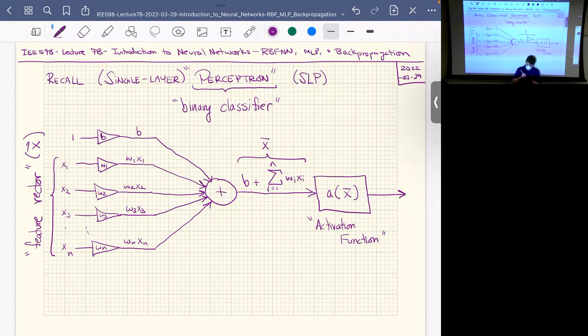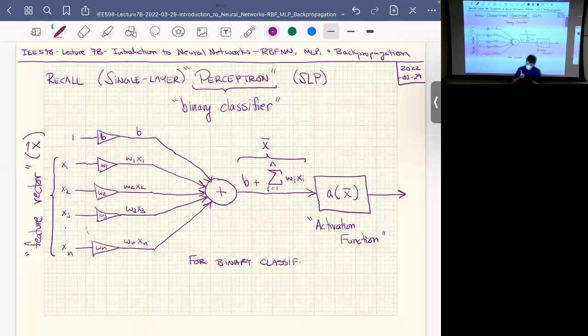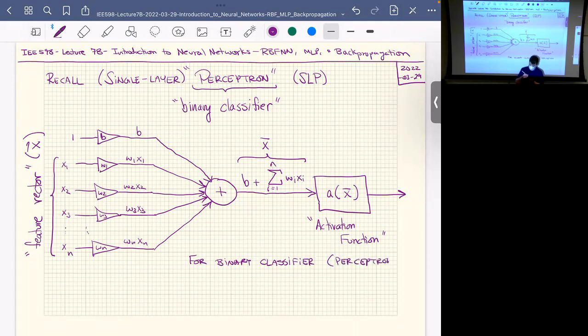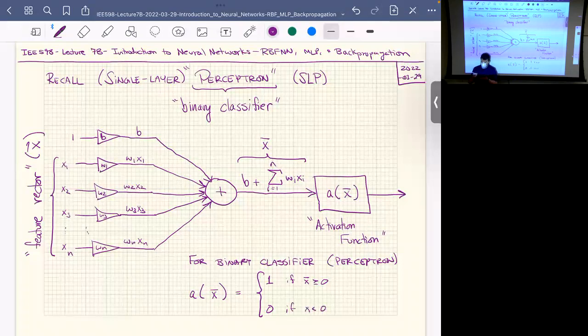So for a binary classifier perceptron, we're going to say that A of x bar is equal to 1 if x bar is greater than or equal to 0, and 0 if x bar is less than 0.